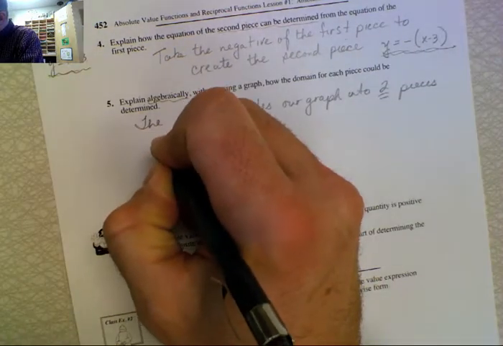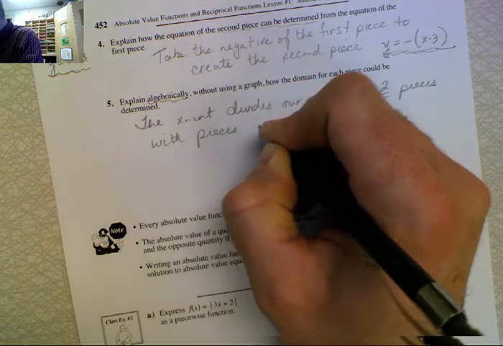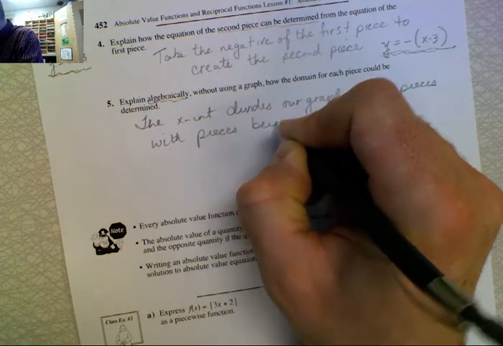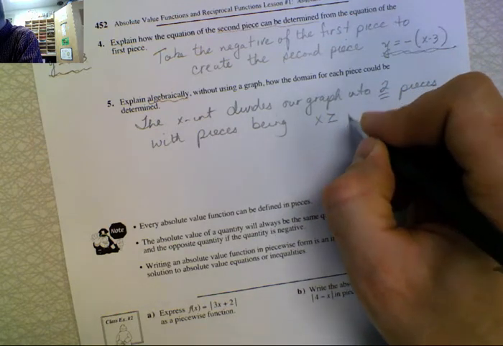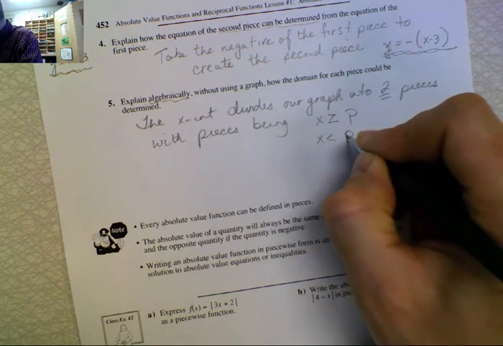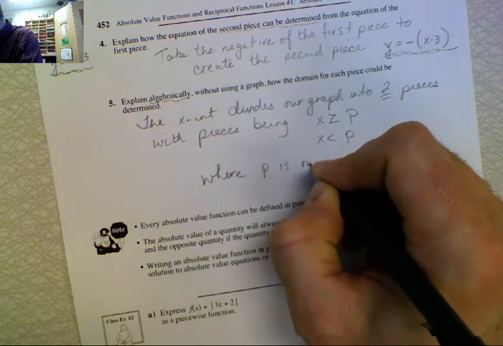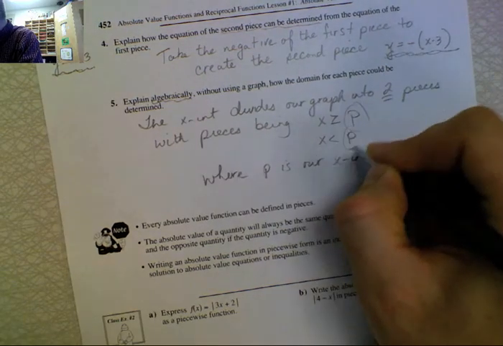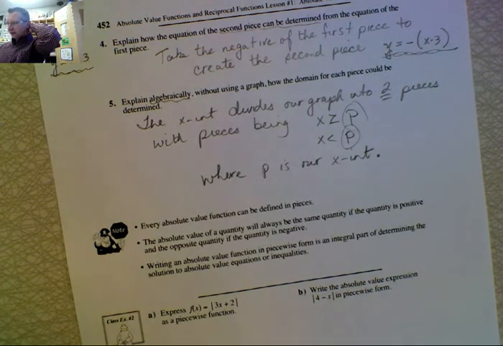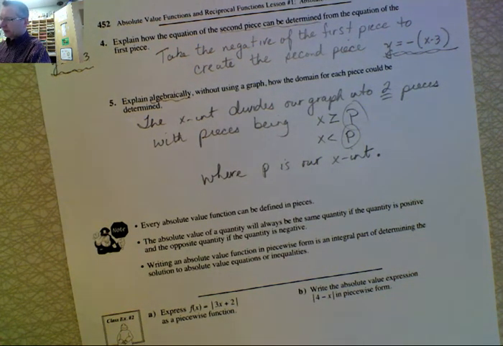With the pieces being x is greater than or equal to p and x is less than p, where p is our x-intercept. So this value here, whatever it happens to be, our x-intercept, that tells us what we're going to be greater than or equal to and less than when we write a piecewise function.